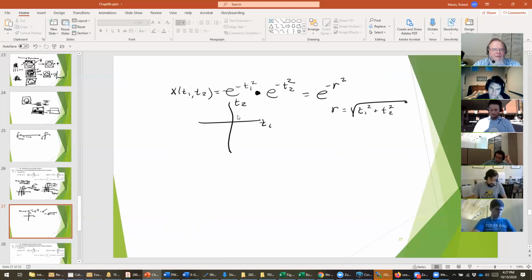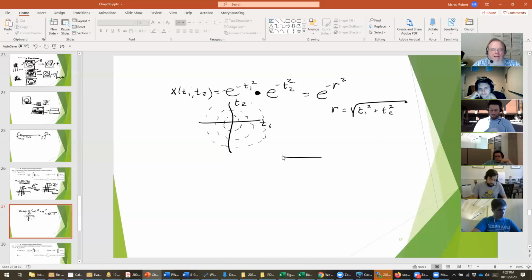So this literally has, if we were to look at a contour plot, and hopefully you all know what a contour plot is, the contour plot of this function would be a bunch of circles. Wouldn't it?